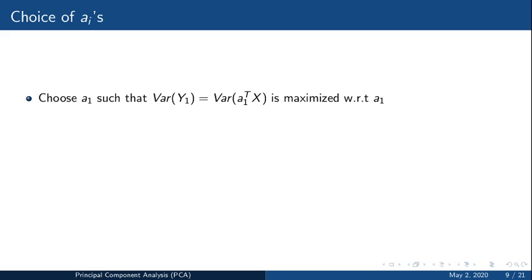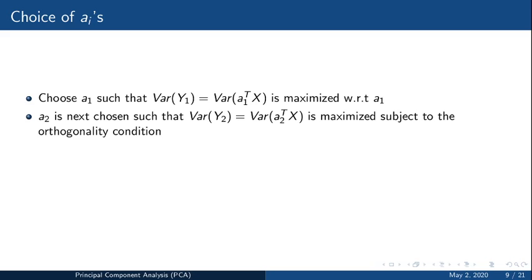You can choose A1 such that the variance of Y1, which is equal to the variance of A1 transpose X, is maximized with respect to A1.